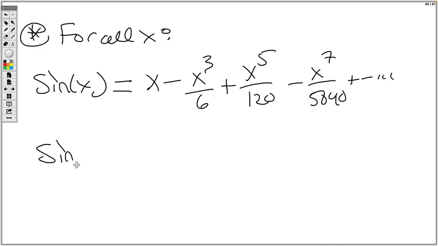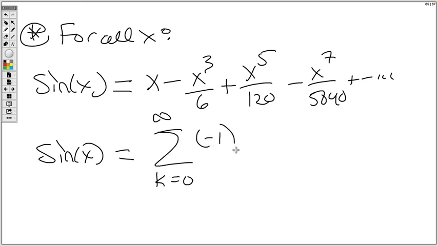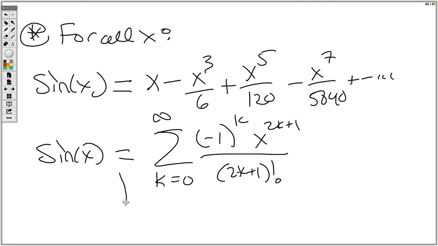In other words, sine of x actually equals the sum, k goes from 0 to infinity, minus 1 to the k, x to the 2k plus 1 over 2k plus 1 factorial. That's because the remainder goes to 0. Okay?